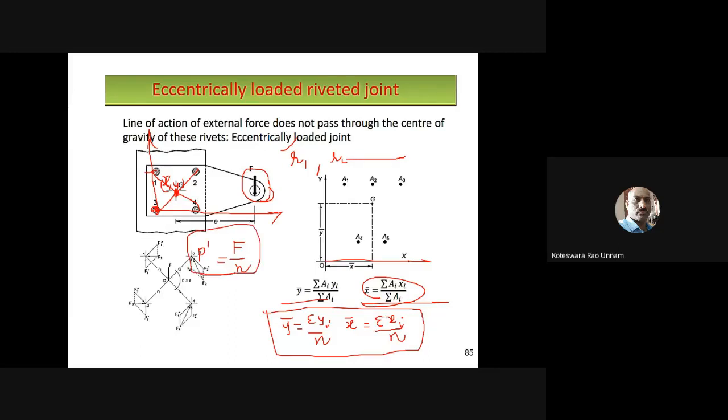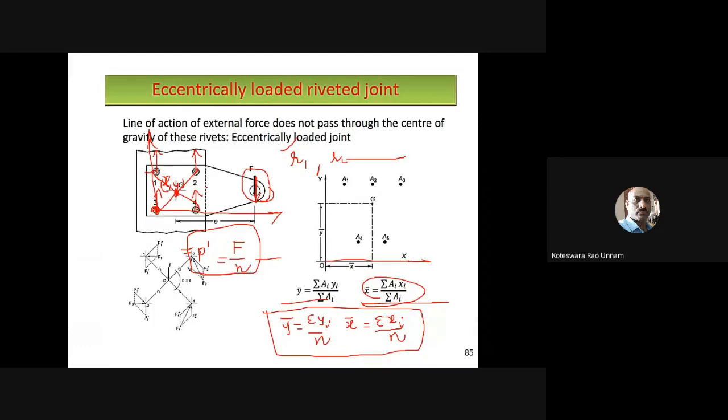This is the magnitude of the primary shear force, which is the same for all the rivets. The direction of the primary shear force is quite opposite to your applied force. So if the applied force is vertically downward, it is going to be vertically upward for all the rivets. So this is the primary shear force.